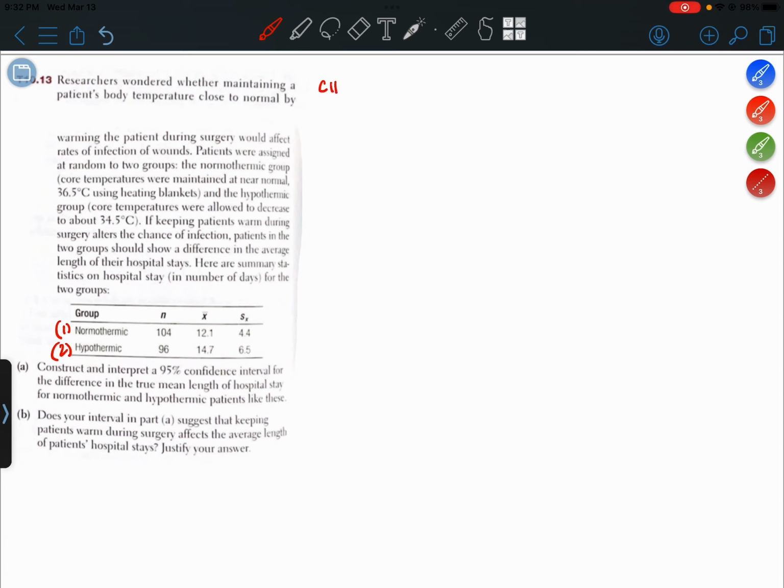So choose. All right, so the procedure is a 2-sample T interval for mu1 minus mu2, right? We're talking about the difference in the true means. So that's what mu1 minus mu2 represents. All right, our parameter, mu1 minus mu2, is exactly that.